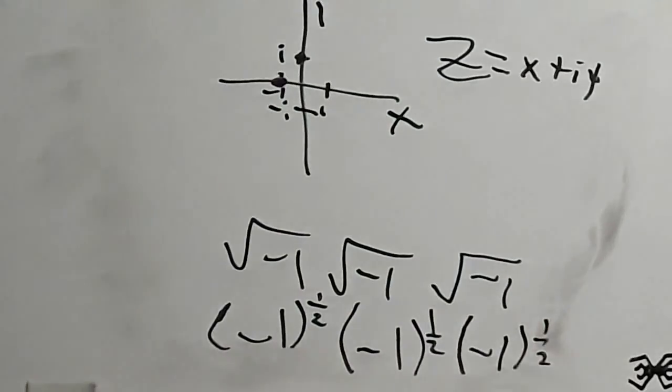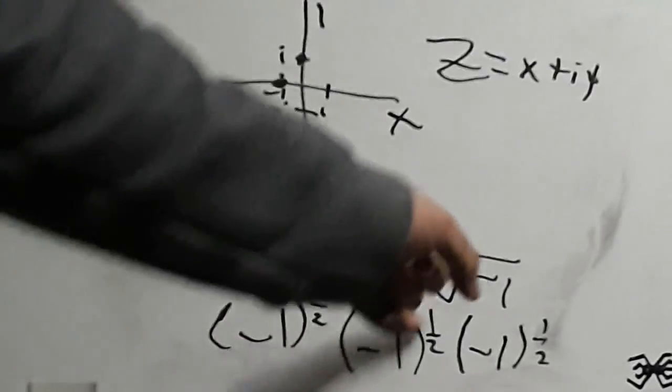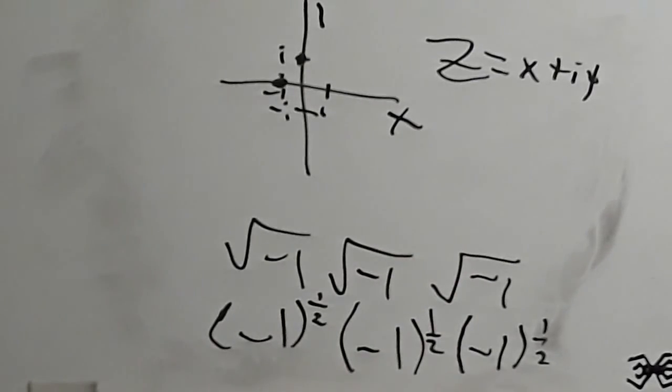You have the square root of negative 1 over here again. So now how do we deal with it? Well, you know that if you take these to be each other, then it's equal to negative 1. So multiply negative 1 by that, and you get negative i.